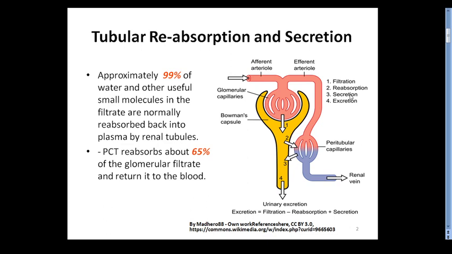So the nutrients get filtered into the Bowman's capsule and hence the reabsorption is needed. Similarly, a few substances like potassium, hydrogen, uric acid and ammonia are actively secreted from the blood into the different parts of the tubules, which are in excess and need to be excreted out into the urine.